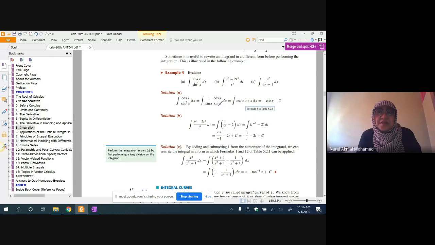So cos x divided by sine x is cot x. And then the integration of cosecant x cotangent x, based on table 5.2.1, which I've shown before on the previous page, is negative cosecant x plus c. So that is how you solve these integrations.